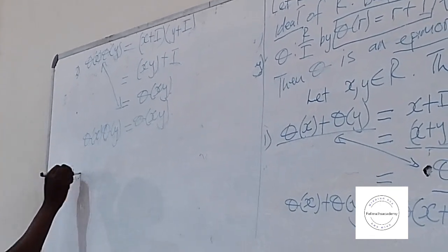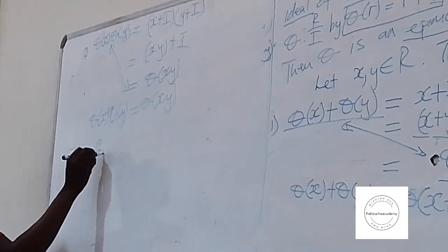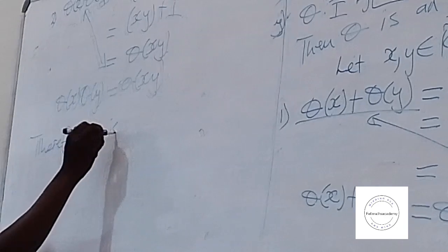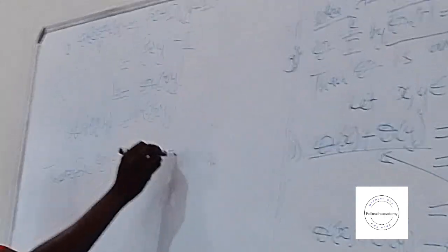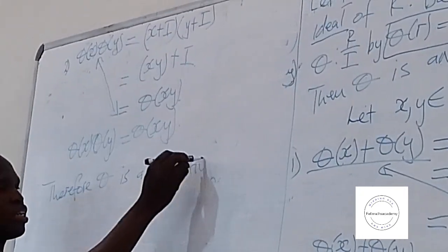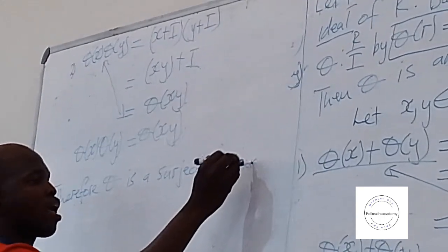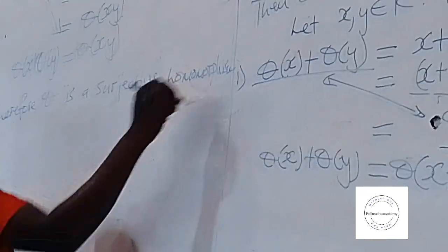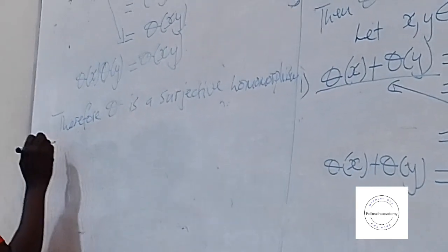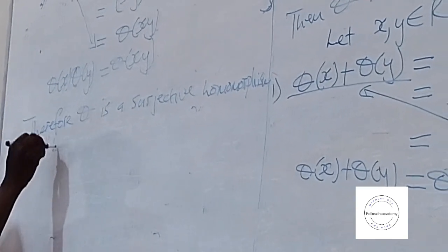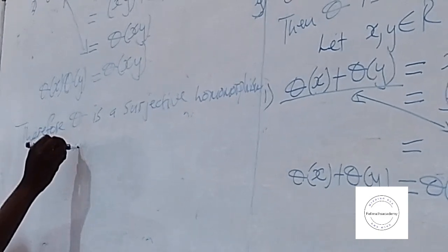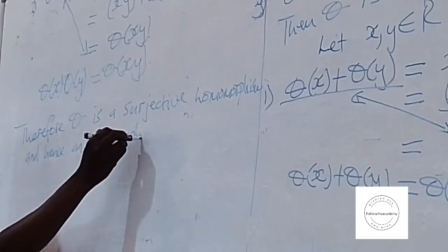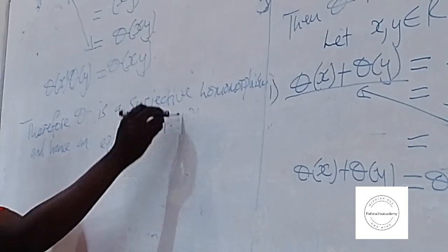Therefore, theta is a surjective homomorphism and hence an epimorphism is required.